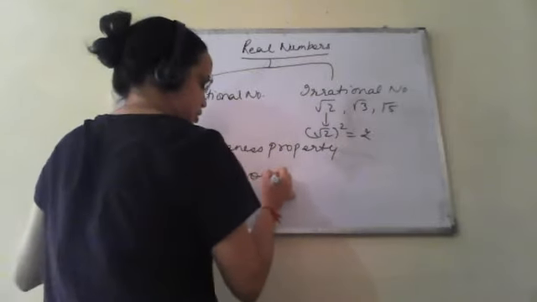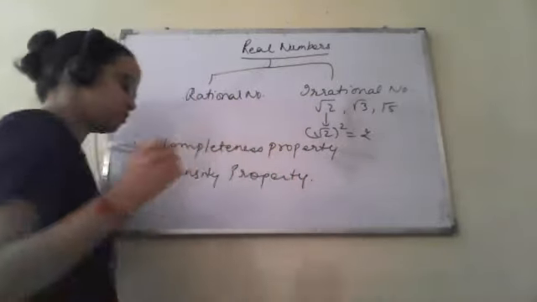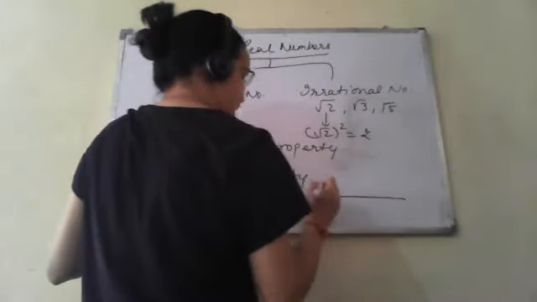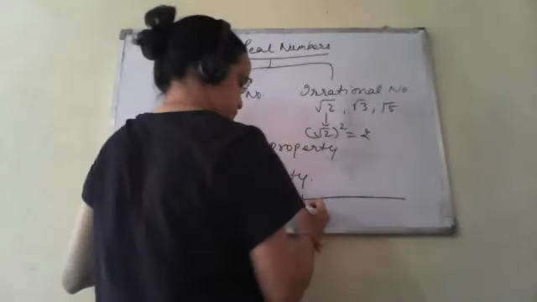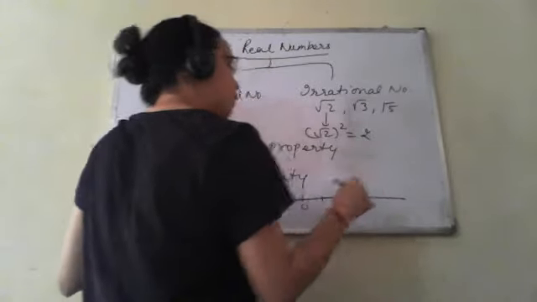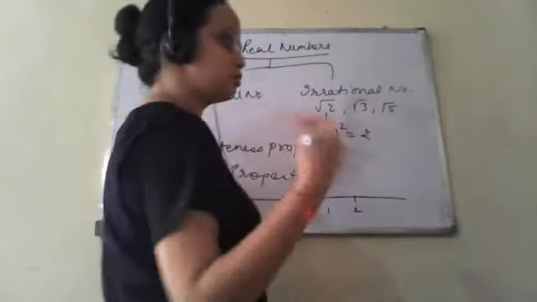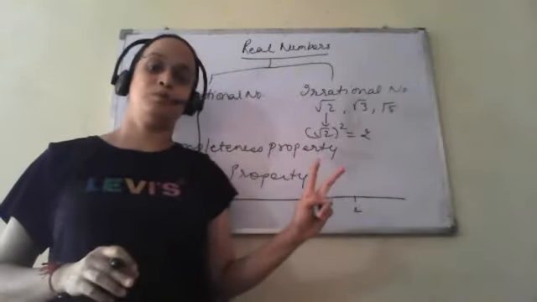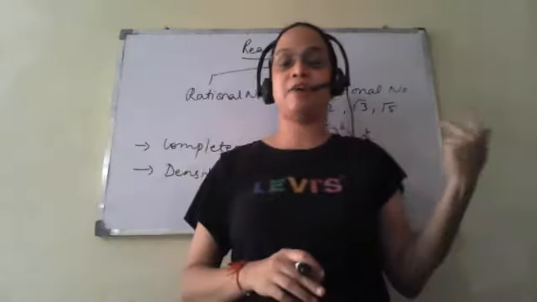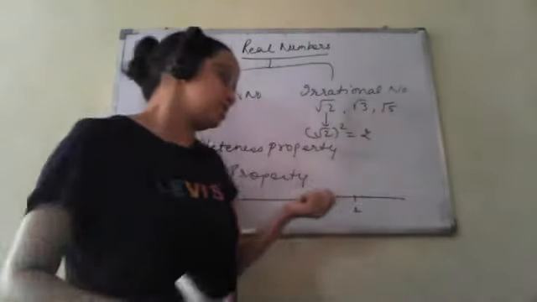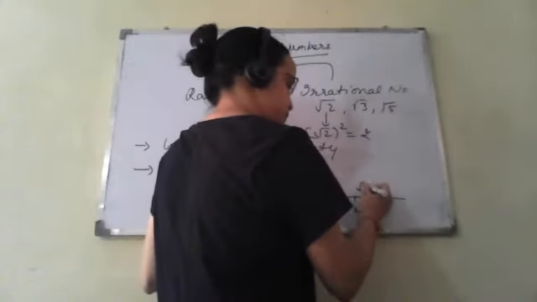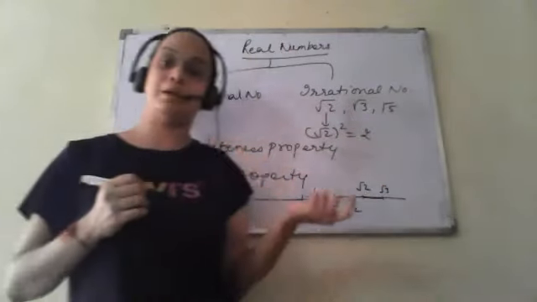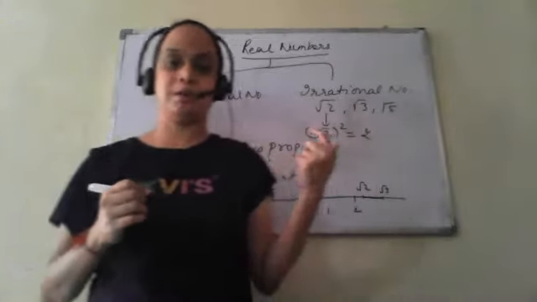The density property says that if we are taking a number line and two real numbers, suppose 1 and 2, or you can take √2 and √3, or √2 and √5, any numbers you can pick, then between any two real numbers there are infinitely many real numbers. If you take √2 and √3, between them infinitely many real numbers exist.